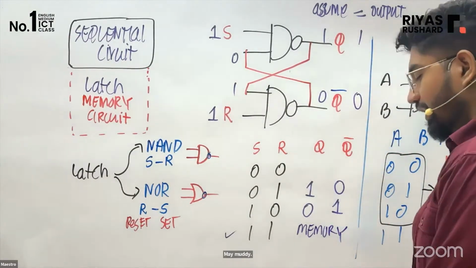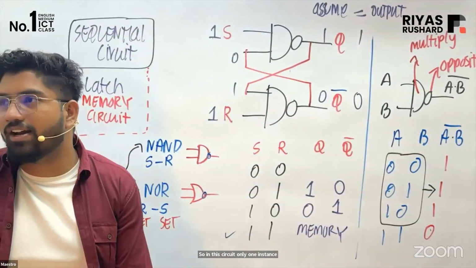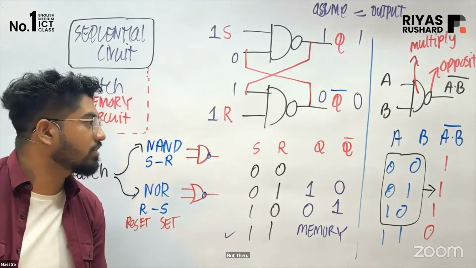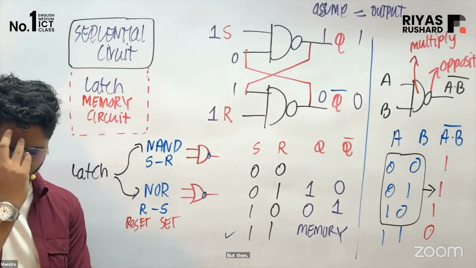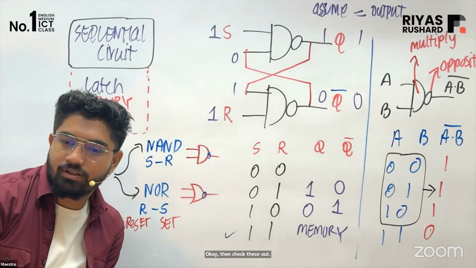So in this circuit, only in one instance you will have the memory. All the other instances, done. Check this out. Got the concept?